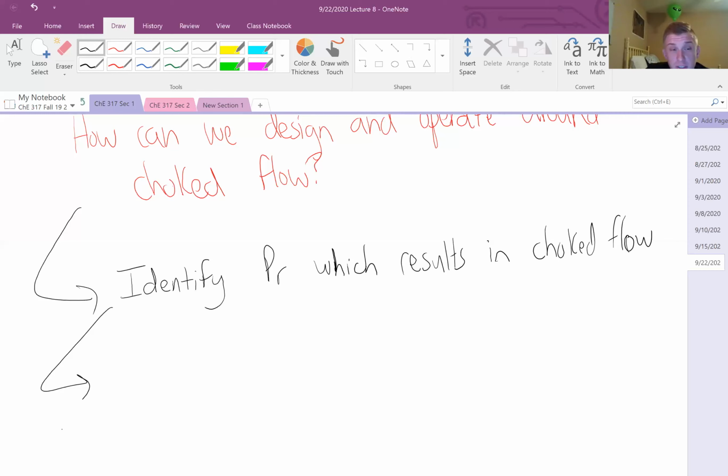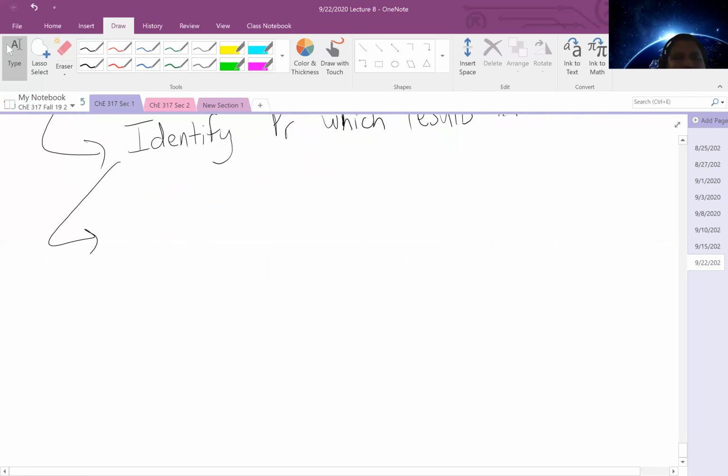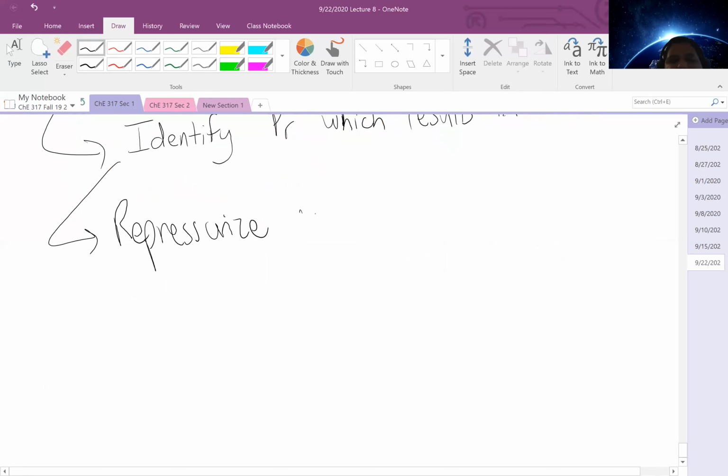What if we had an expansion tank or something that could hold the force? No, not necessarily. What I'm getting at is one thing you can do is repressurize your fluid.